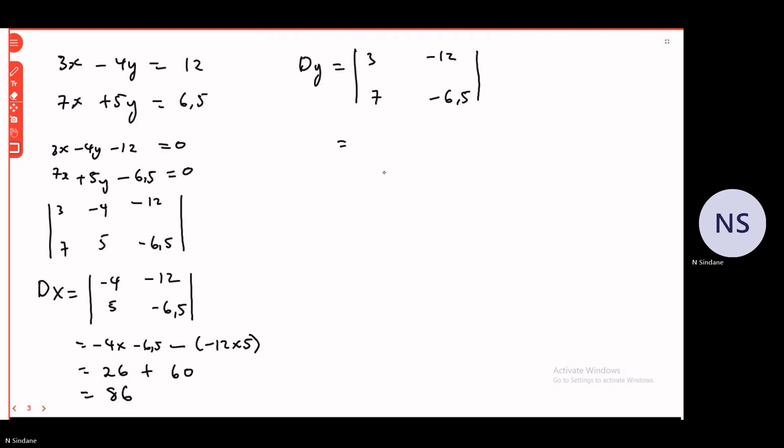And then here we'll have 3 multiply negative 6.5 minus of minus 12 multiply 7. And then what do you get? The solution would be, let's also include our determinant. This will be 3, 7, minus 4, 5.